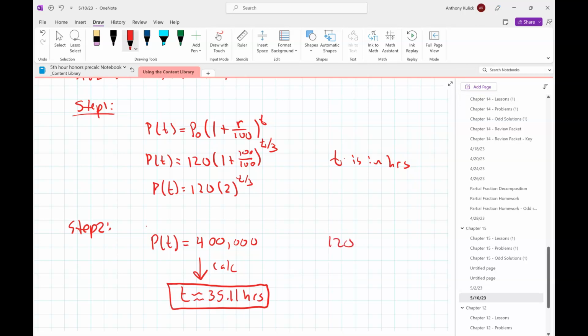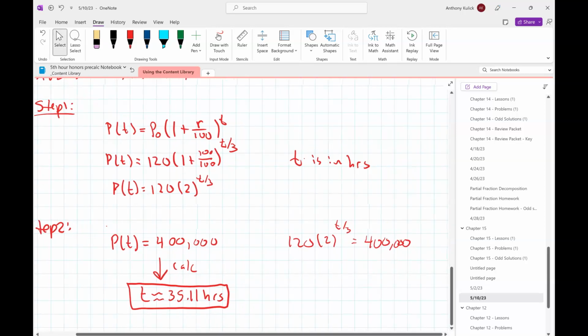Alternatively, if I wanted to do this algebraically, that's totally okay. What would the first step be if I wanted to solve this algebraically? Well, if I'm solving something algebraically, I want to undo the order of operations.